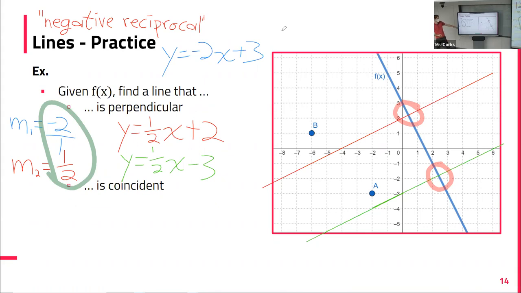Are there no other choices? Is this the only way to create that line? Okay, so what are the other options? For all the other things we were doing, the parallel and perpendicular, we were just changing one side of the equation. To make a coincident one, we should be changing both sides.